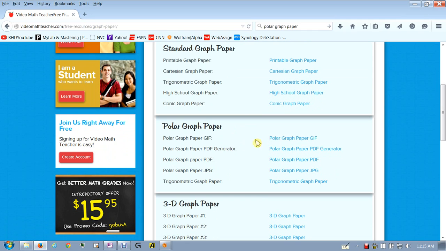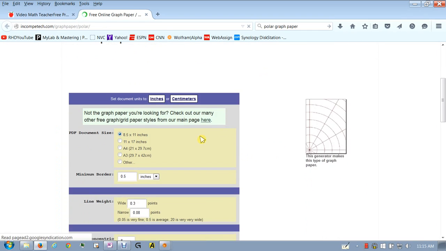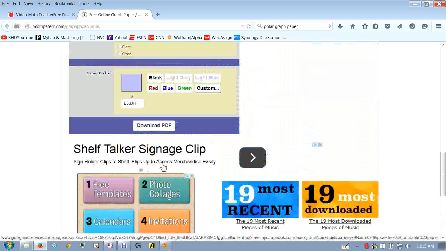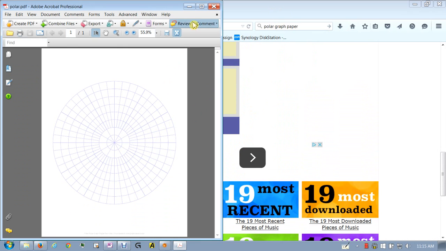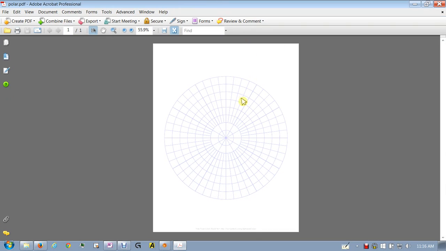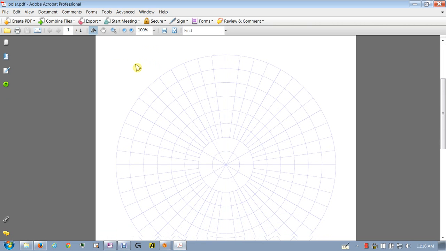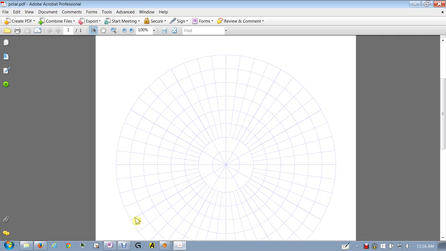You can put all these different specs into it to make the graph paper change. But here's an example of polar graph paper. So look how this would work.